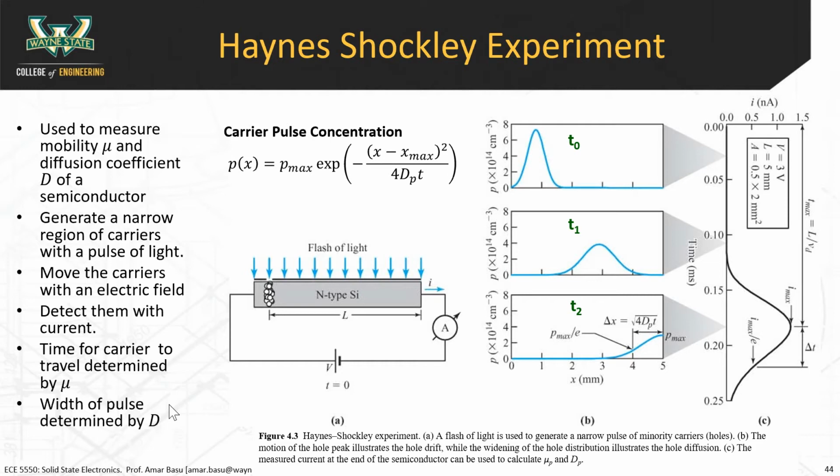High speed amplifiers, high speed computation, low resistance materials. Those are all desirable electrical properties. So being able to measure mu is fundamental. This is one way of measuring the mobility, the Haynes-Shockley experiment.